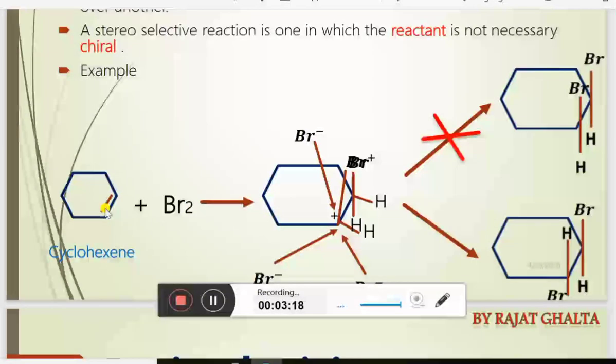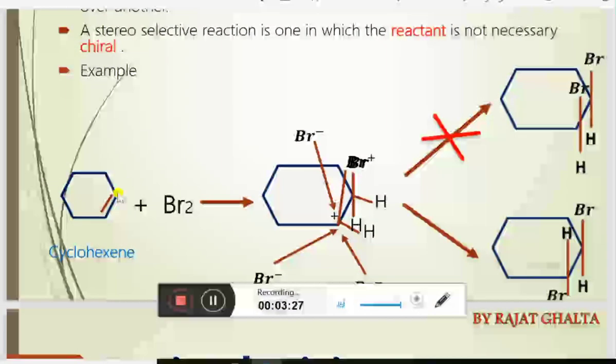So in the chair conformation, if there is an attack of the bromine, of course the two bromines will come in and join this ring at 1,2 positions. So now the question is what would be the preferable stereochemistry for that?